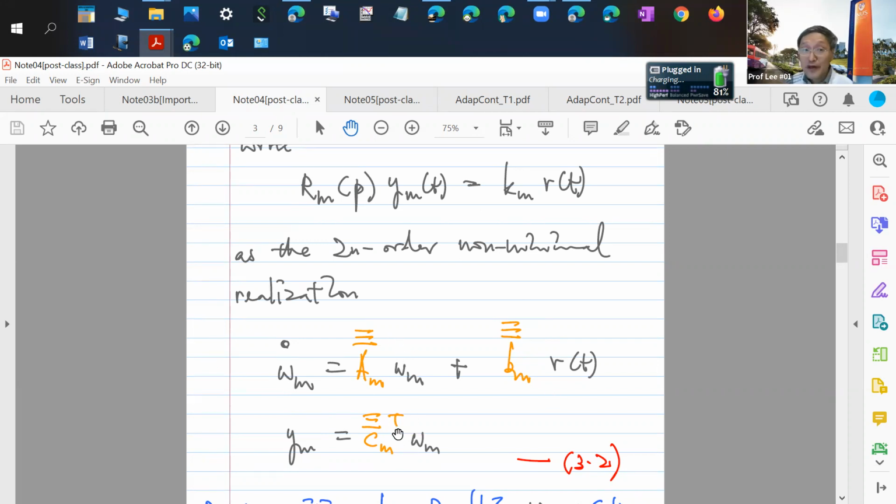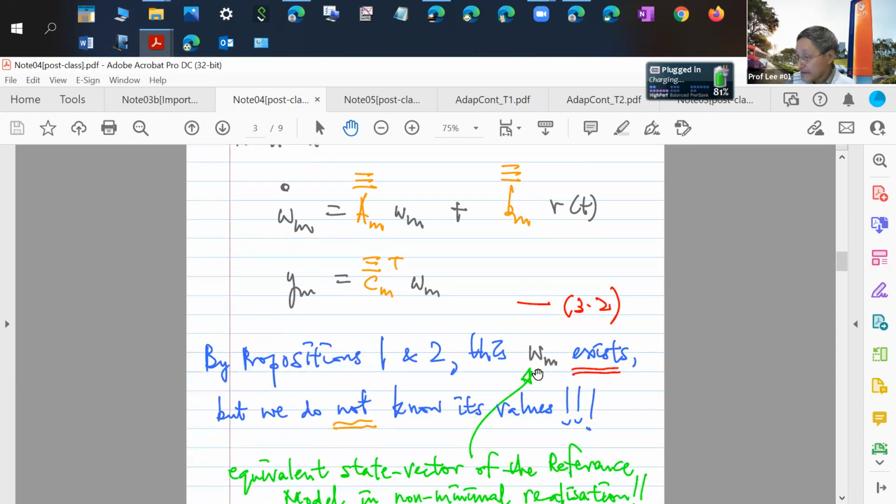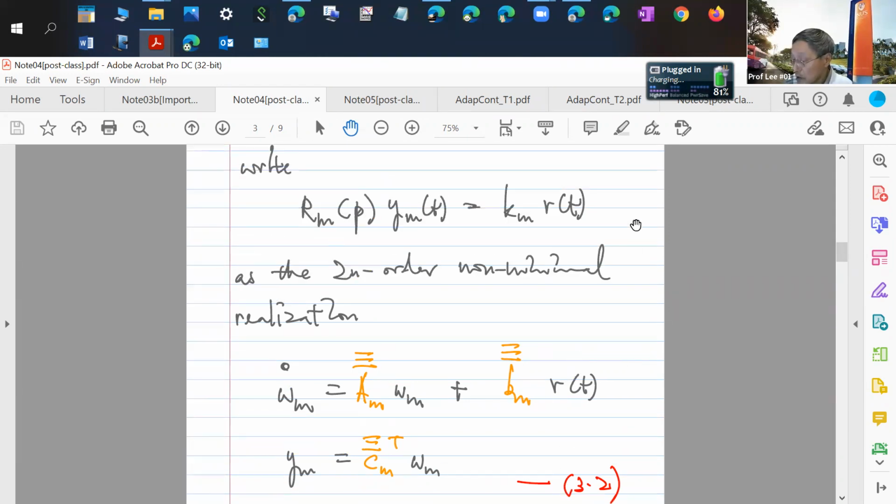So it is very important to know. What is also very important to note, as I mentioned last week too, is that conceptually this is completely possible, because this is how you will set up your reference model.